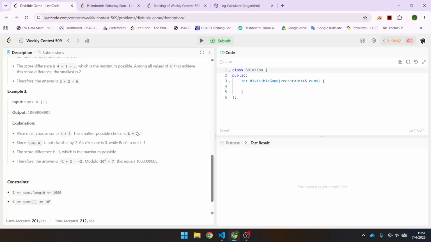So 20 times that, so 2 times 10 to the 4 for each value of those. 2 times 10 to the 4 times 1000, so 2 times 10 to the 7.